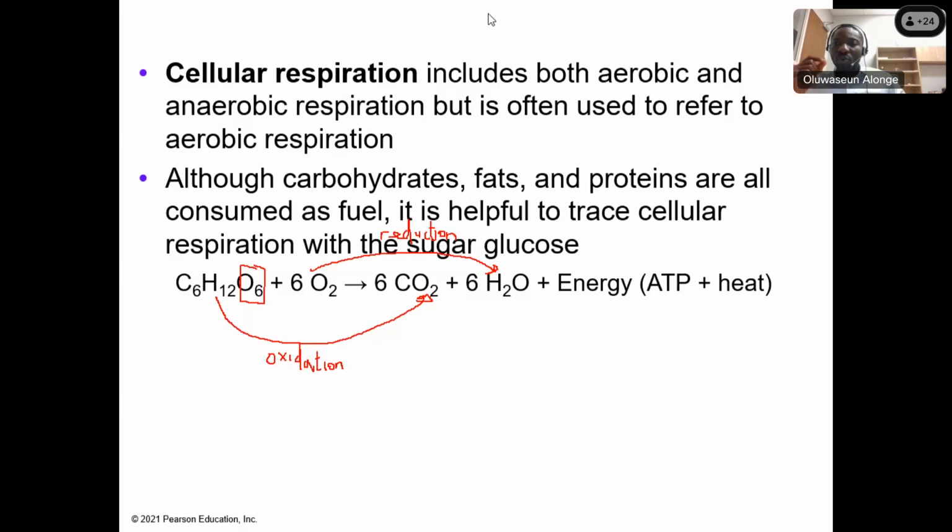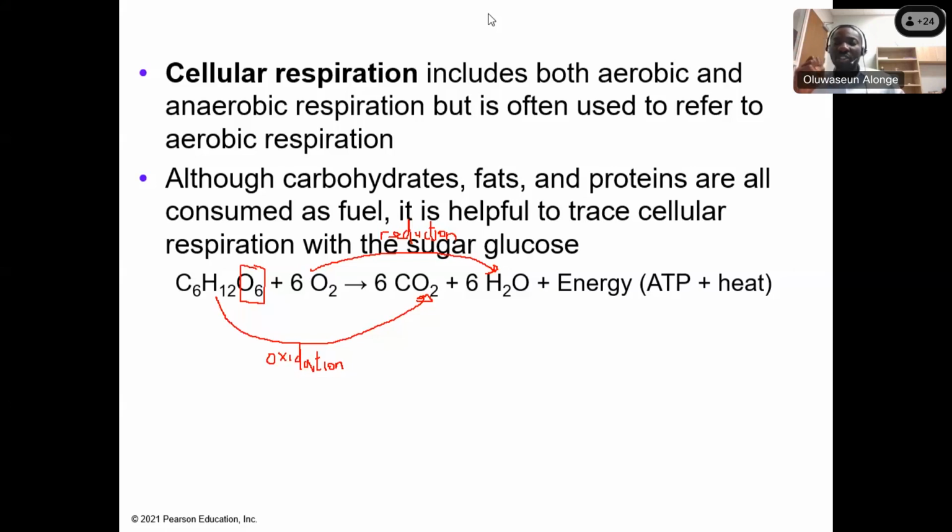So getting more negative makes you become reduced. So addition of electrons, or gain of electron, is reduction, whereas loss of electron is oxidation.